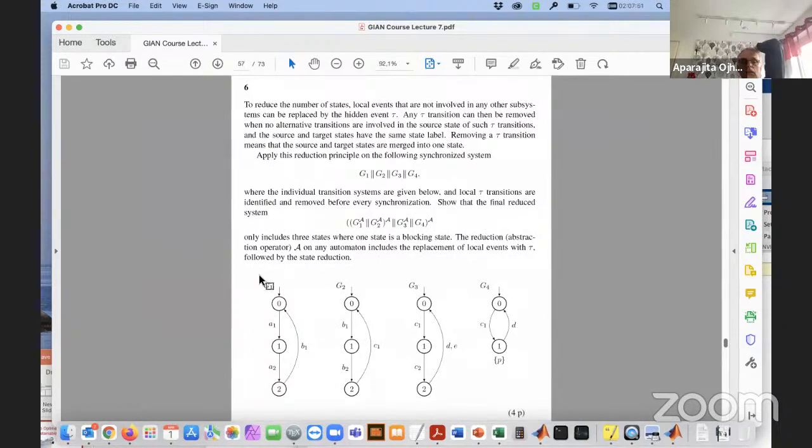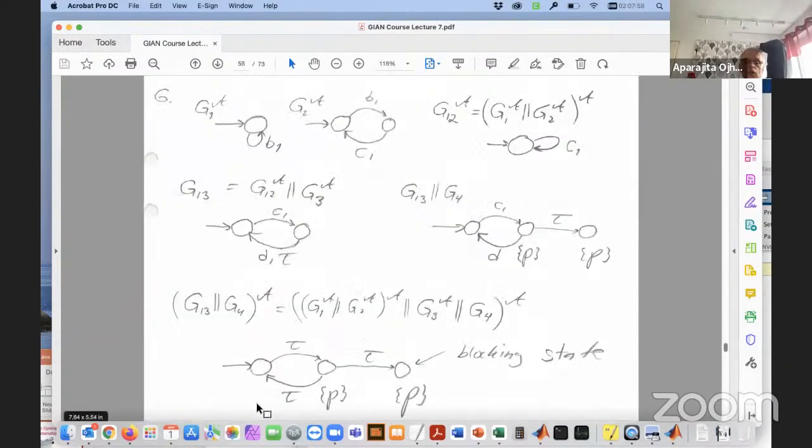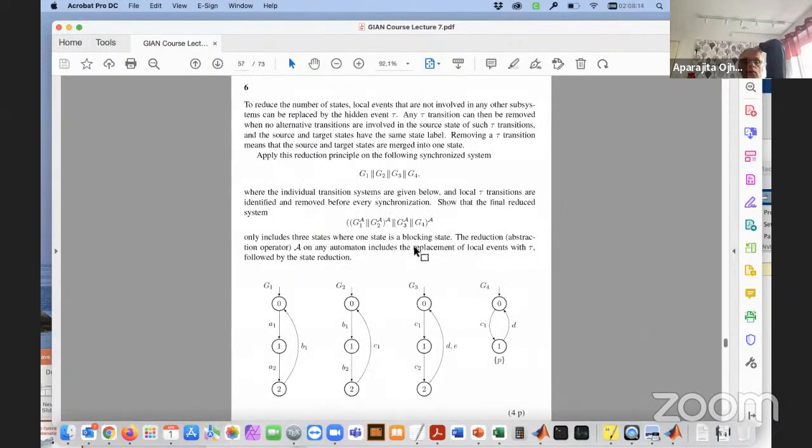And if I look at this, can I say that I have deadlocks in this system? I cannot see that immediately, at least. But here you see once again you have a blocking state. And with this reduction I mentioned, I can immediately say that G1 only has a self-loop with B1, because A1 and A2 are tau events and they can be skipped.